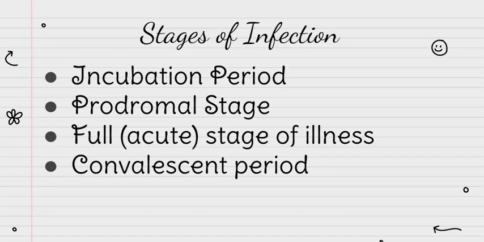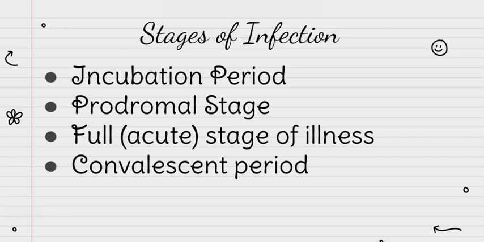The full acute stage of illness is when specific signs and symptoms appear. For example, if the infection is on a laceration, that's when swelling is occurring and the patient is feeling pain. If that infection is any deeper, they might have fevers and symptoms of a full-blown infection.